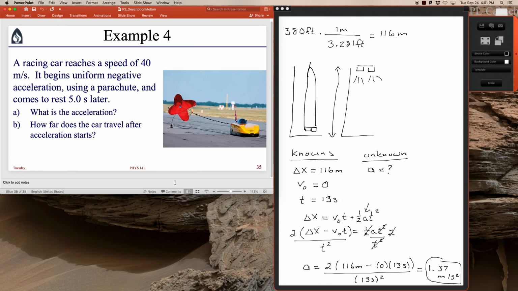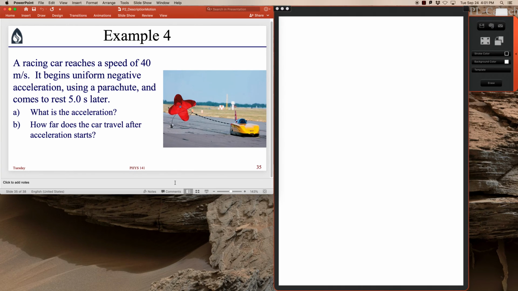So once again, the first thing I really should do is draw a picture. So initially my car is going really fast. So I have this race car, and my race car is going really fast. It has this initial velocity of 40 meters per second.